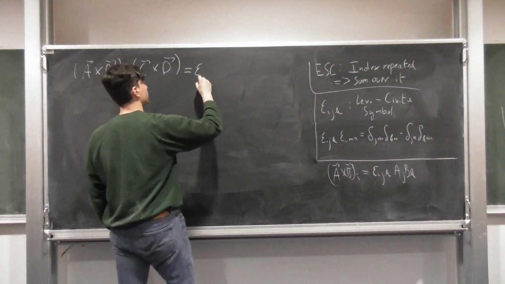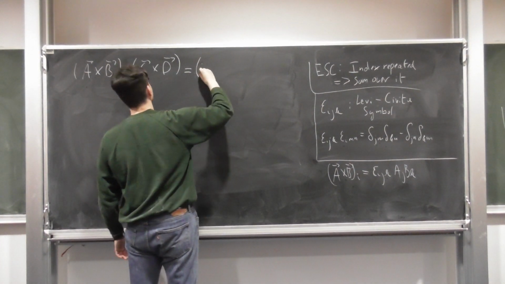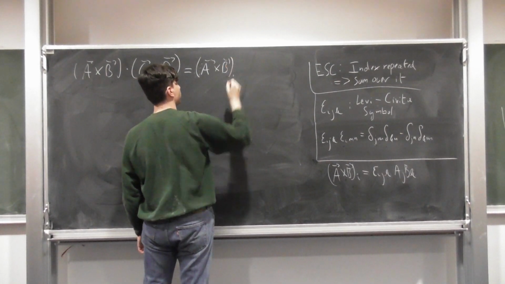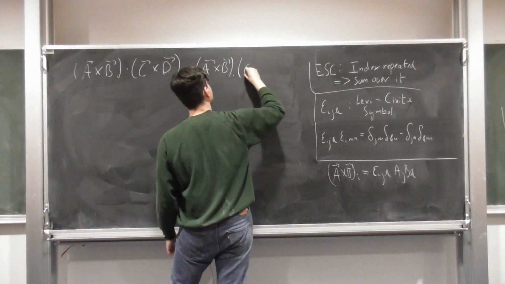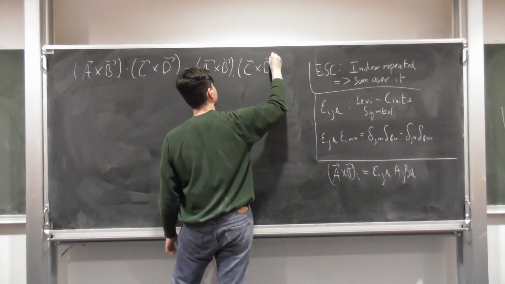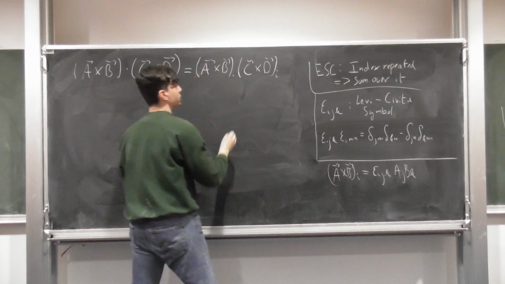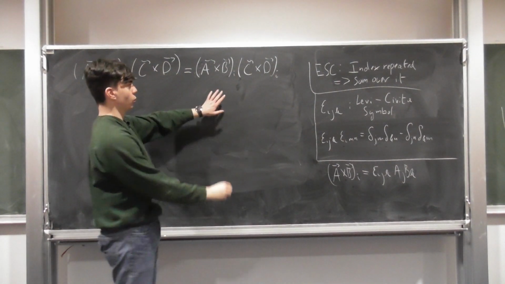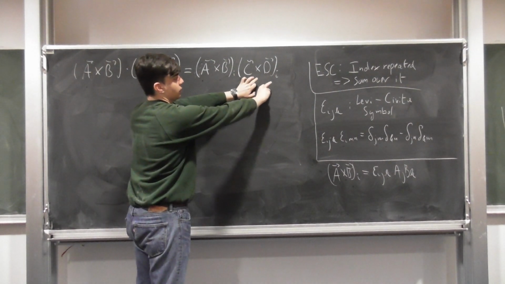So this is going to be a cross b sub i, the ith component of this, times c cross d sub i. If you're confused, just look back at the definition of the dot product. We have the first vector sub i times the second vector sub i.